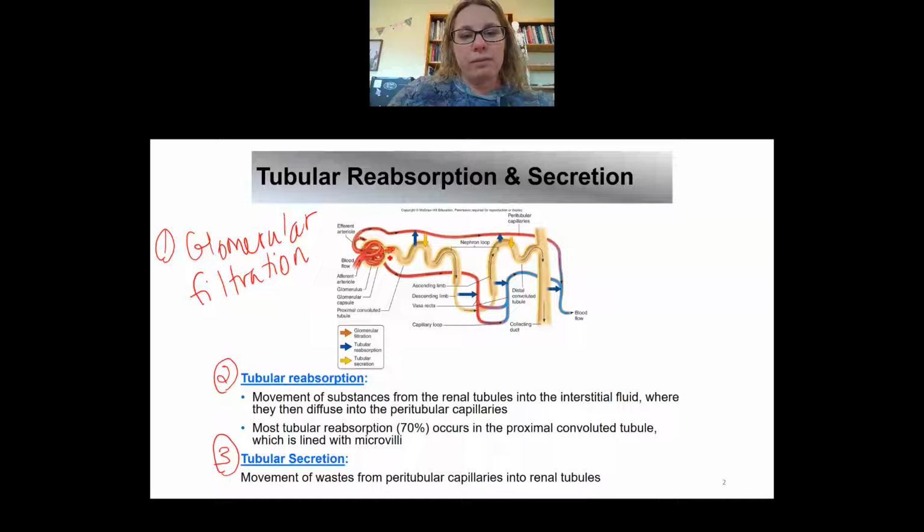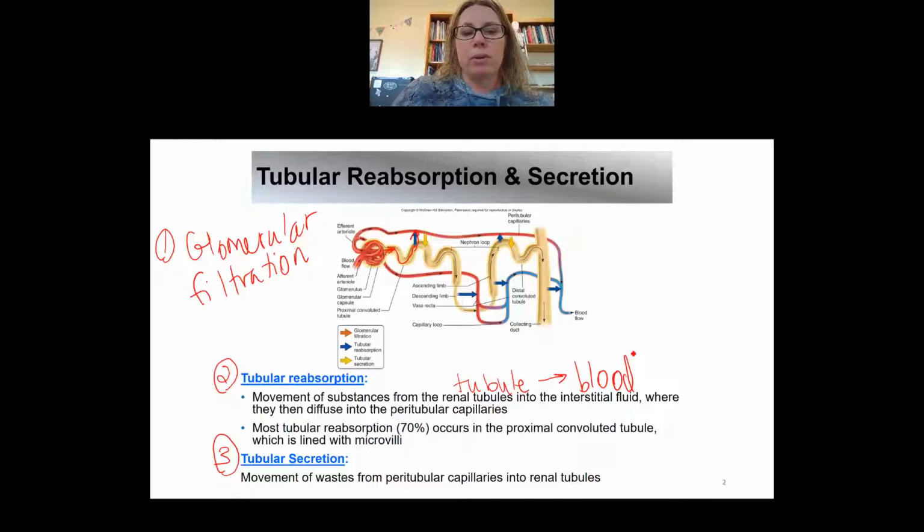Once we have this fluid in the nephron tubule, some of it can go back into the blood in this capillary through reabsorption. So you're going to take fluid from the tubule of the nephron and put it back into the blood.